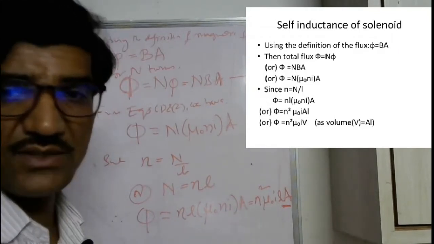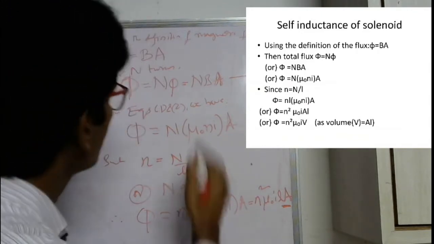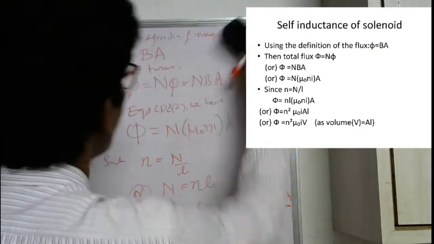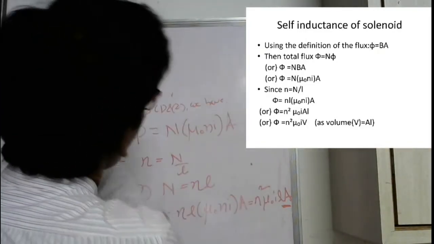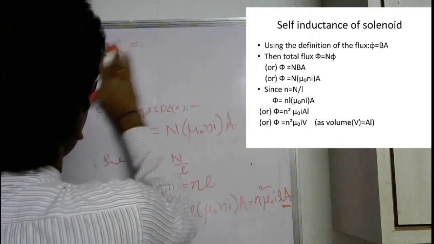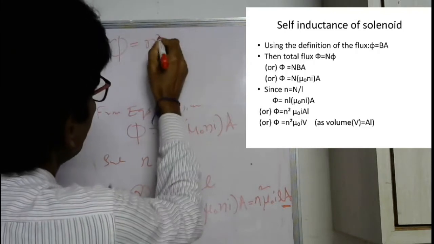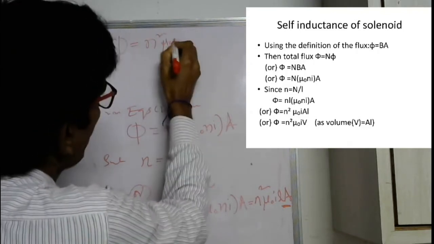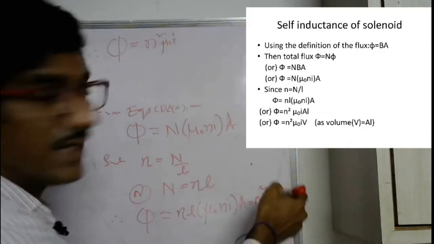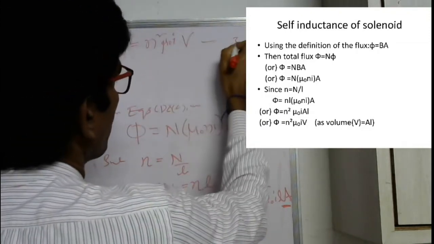Length into area is a volume. Therefore, Phi is equal to n squared mu naught I times l A, which is the volume. Say this is equation number 3.